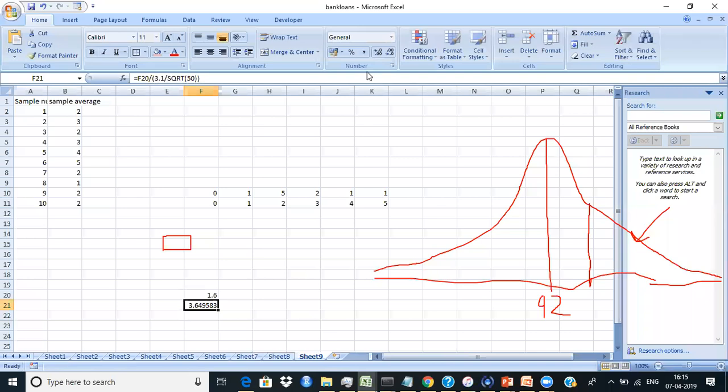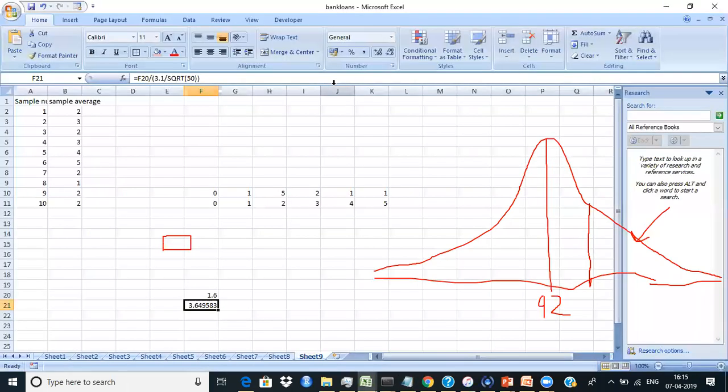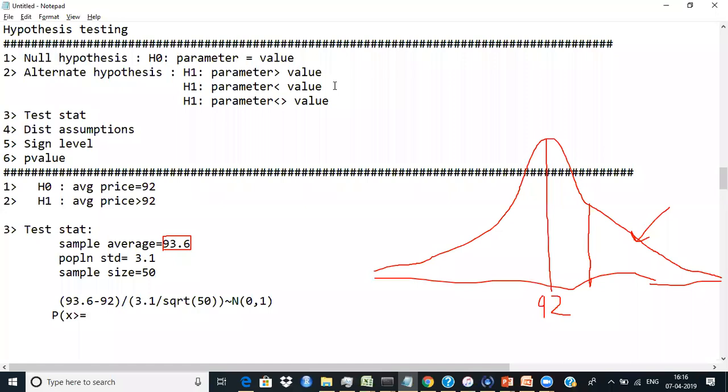We want to calculate the area to the right of this, so we want the probability that x is greater than or equal to 3.64, which is equal to 1 minus the probability that x is less than or equal to 3.64.